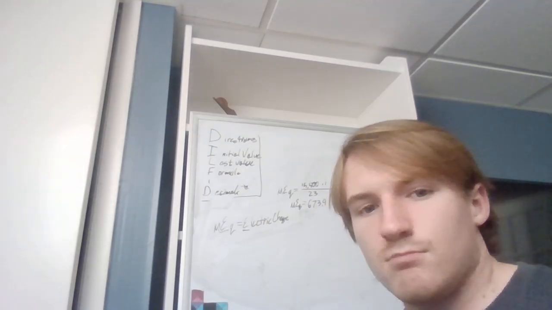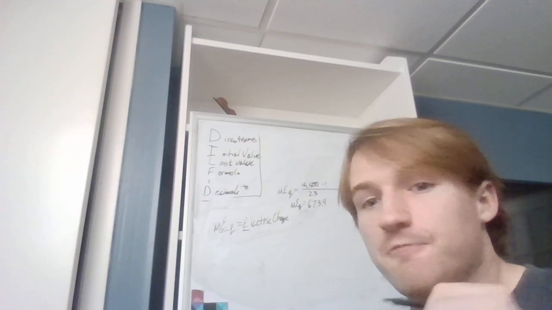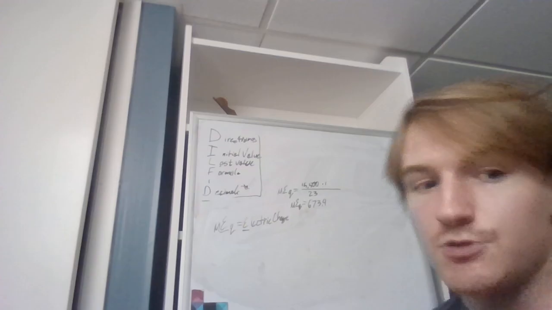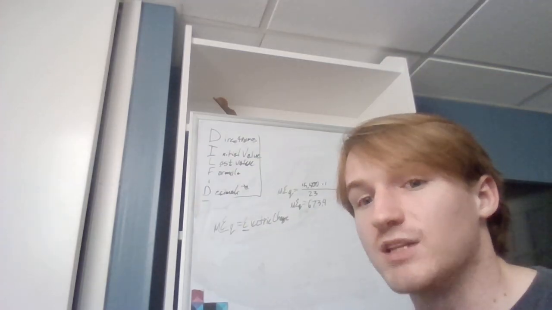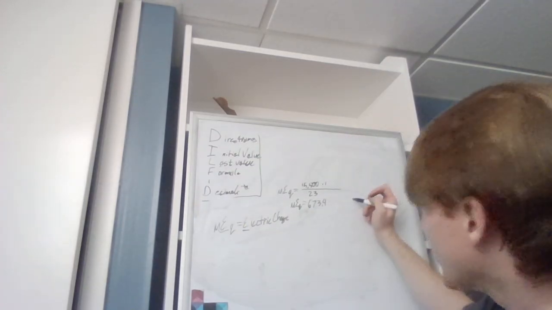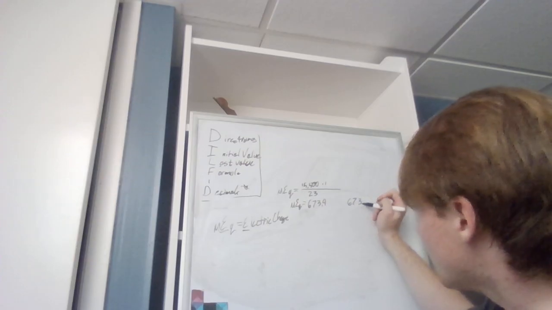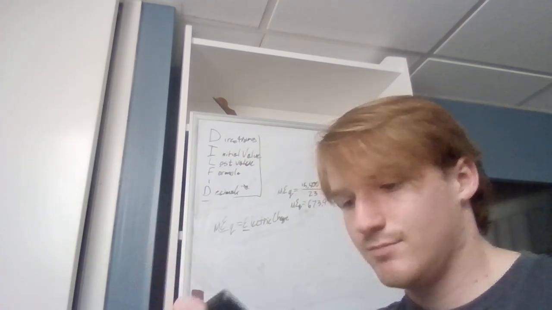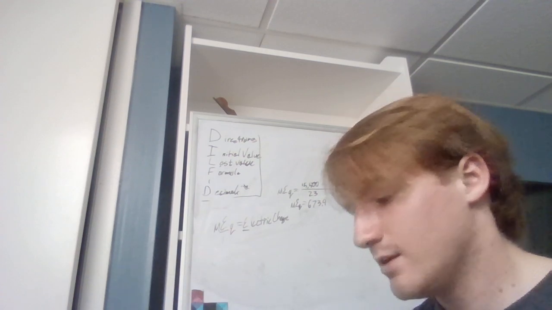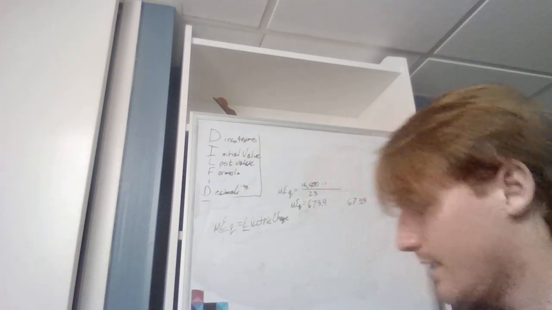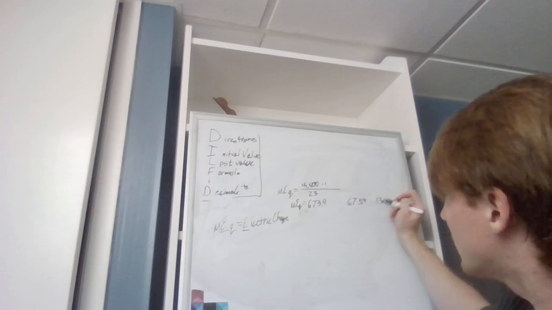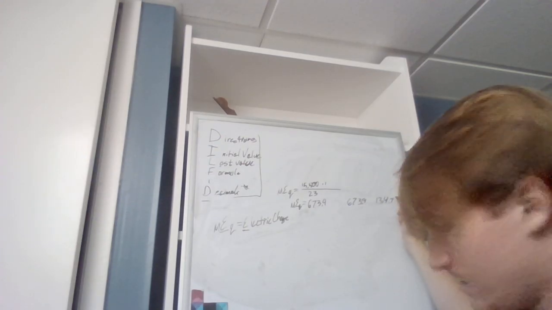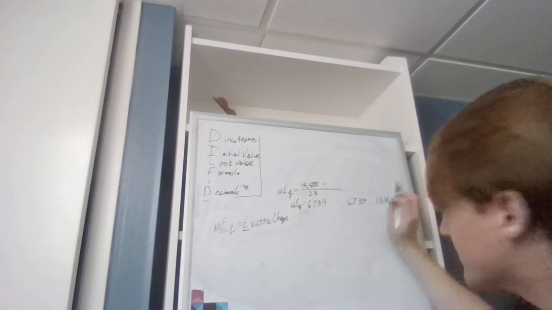But this isn't the end, because we have 5 liters of fluid, and our last value that we're trying to get to is milliequivalents per liter. So we need to take our number and divide by 5, and you get 134.78.